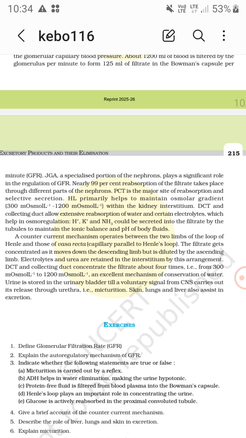The PCT, that is the proximal convoluted tubule, is the major site of reabsorption and selective secretion.